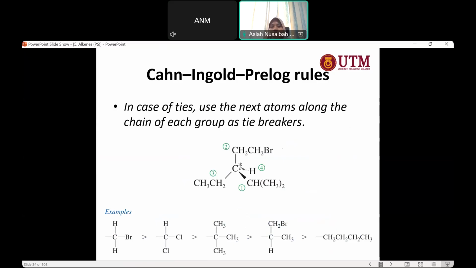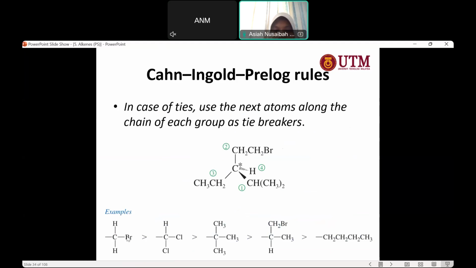What does it mean? Let's see an example at the bottom here. The highest priority will be the structure on the left. We have CBr, C attaching to H, HBr. This structure is attached with the middle C. How do we imagine this?